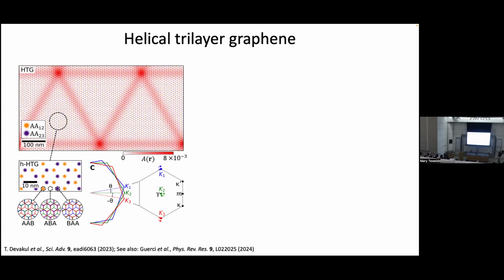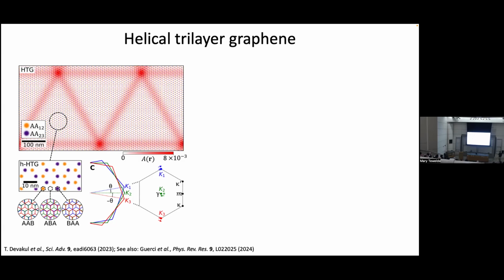So this is a picture of what you expect when you take into account the fact that the local positions of the atoms in these three layers can relax. I want to focus first just within one of these triangles here. If you think in momentum space, there are three layers, there are three K points where the low energy states sit, and they almost perfectly line up if you have the same twist angle between the layers.